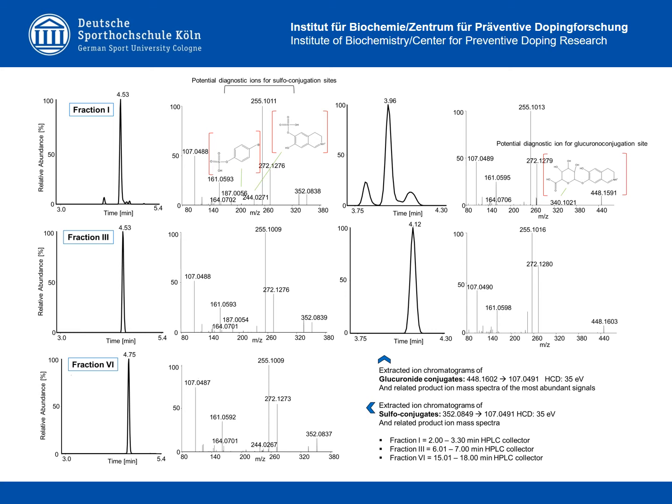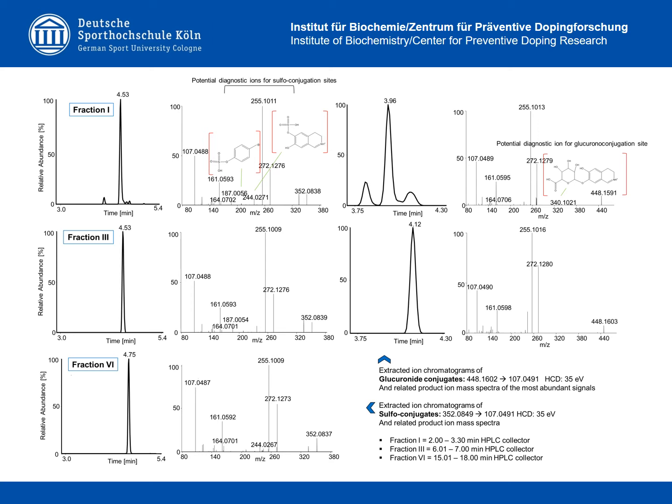CID experiments were performed in order to describe potential diagnostic ions for sulfate conjugation sites, and at least for the first sulfate conjugate in fraction 1, the product ions 187 and 244 were detected, which could be related to the two sulfate conjugation sites that are represented in the figure, which could mean that it is a disulfate, and if it's different from the one in fraction 3, they will be two different disulfates.